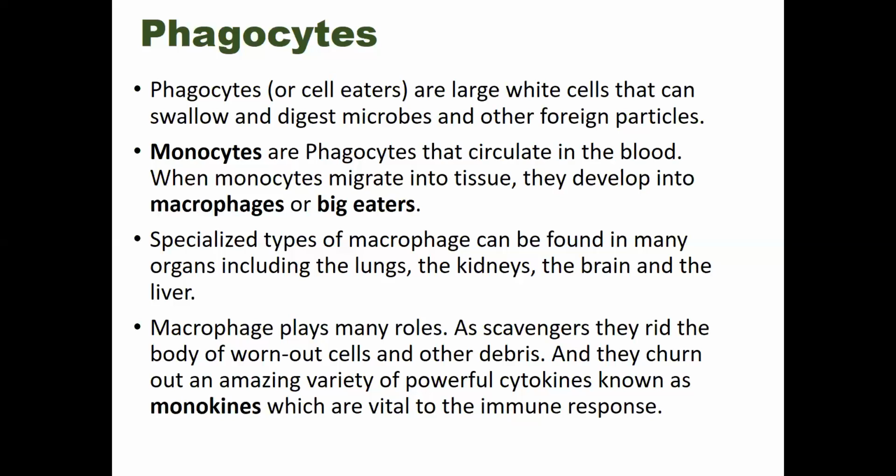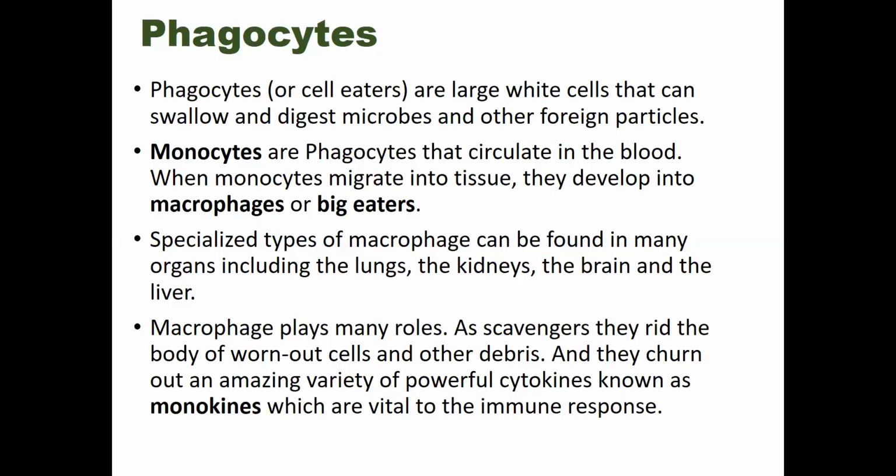The procedure is that a civilian turns into an army person when he or she goes through rigorous training. So see here, these are the white blood cells. When they migrate into tissues where the infection occurs, they transform into phagocyte cells, which are called macrophages, or big eaters.